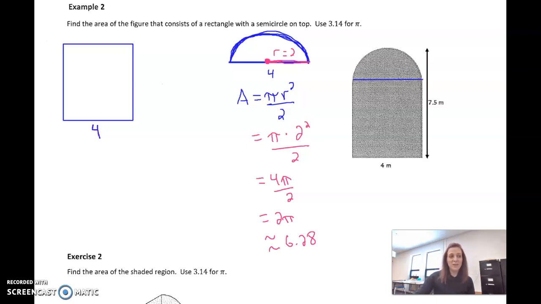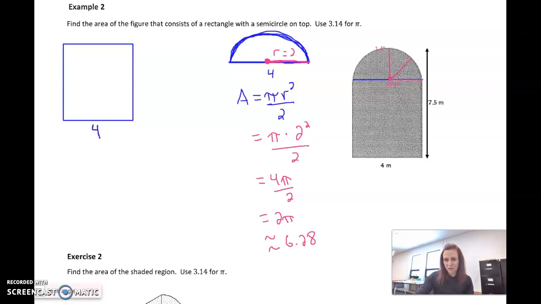All right, so I know this area right here, but I've got to somehow find this height right here. Well, what I want you to remember is our definition of radius. Our definition of radius says it's from the center to the outside. But it doesn't matter where. It's from the center to the outside.